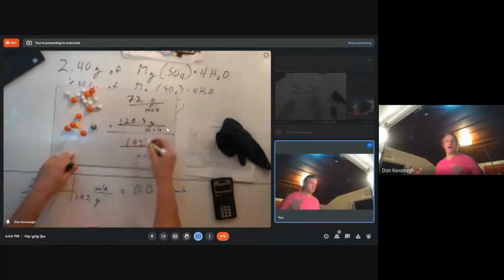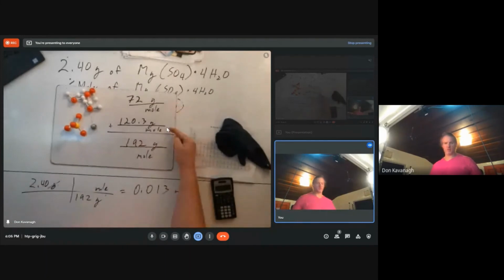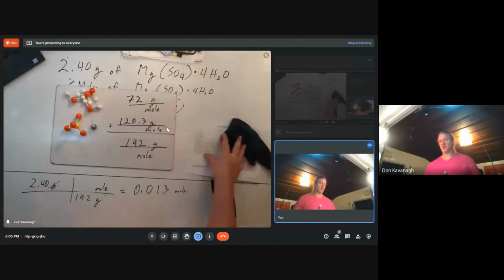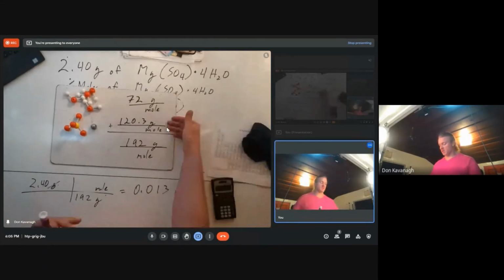The parts add up to the sum. The parts of water add up with the parts of sulfate and magnesium to get the whole shebang. Nothing crazy there. But from knowing these individual parts, we can get a ratio. How many of the 0.013 moles is just magnesium sulfate?